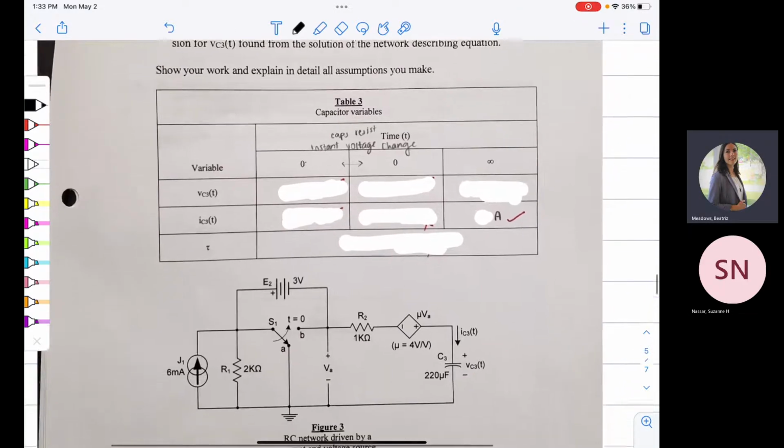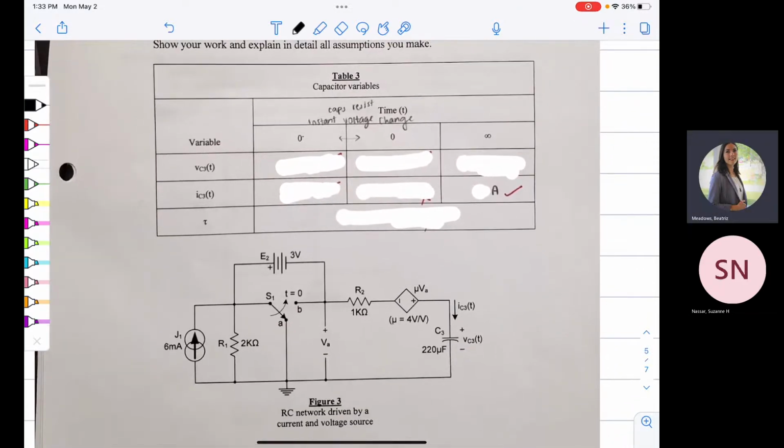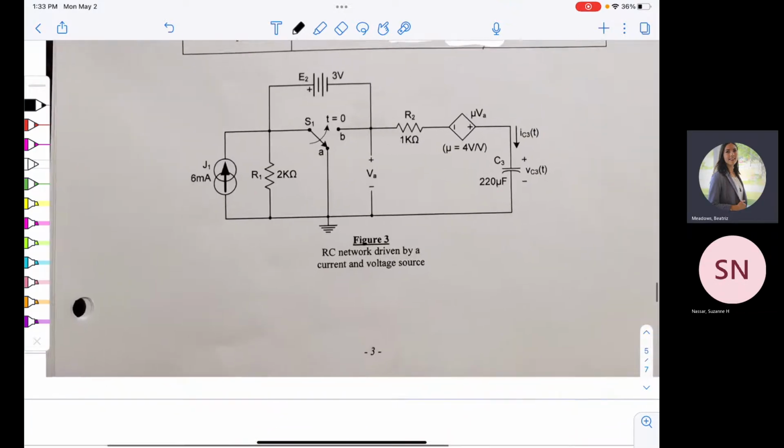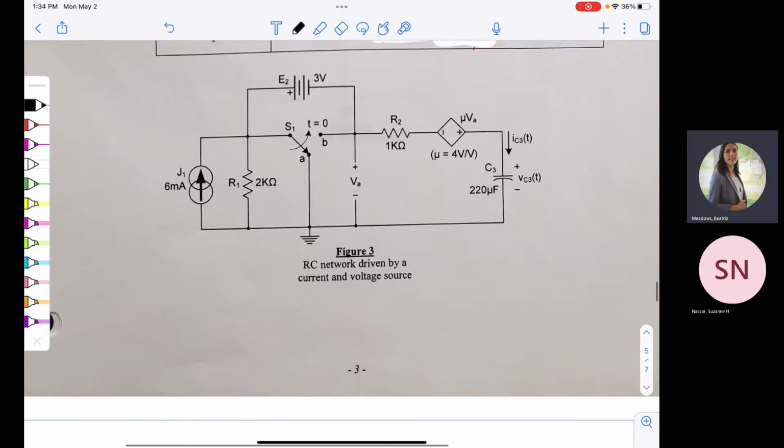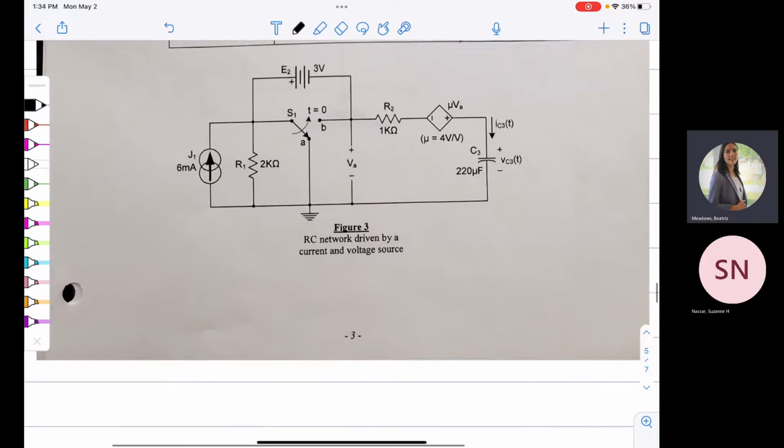And then here's the circuit. All right, from the top of your head, what is a capacitor at t equals 0 minus? It's from your homework.